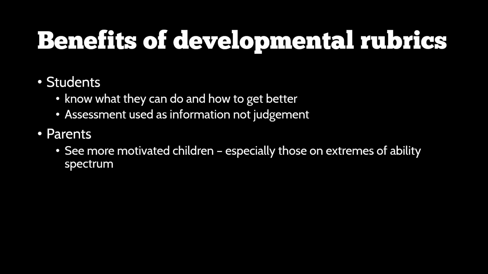And definitely for those students at the high end of the ability spectrum, when they are given stretch targets, things that are difficult even for them, a lot of these students have never really seen what it looks like to get better, but with well-written rubrics with stretch targets at the top, they can.